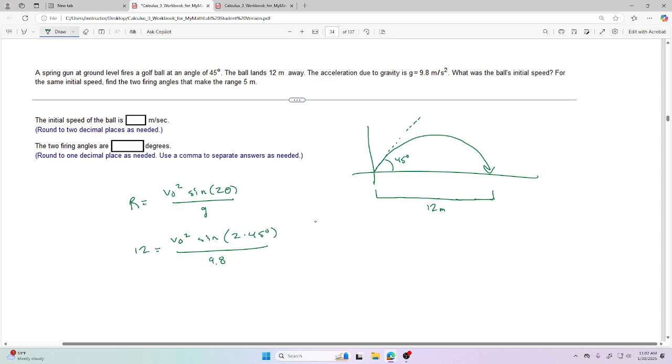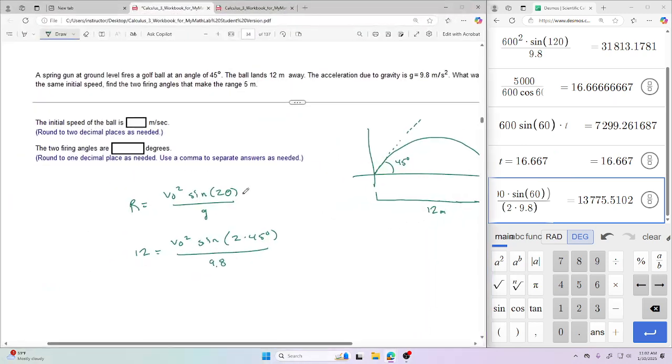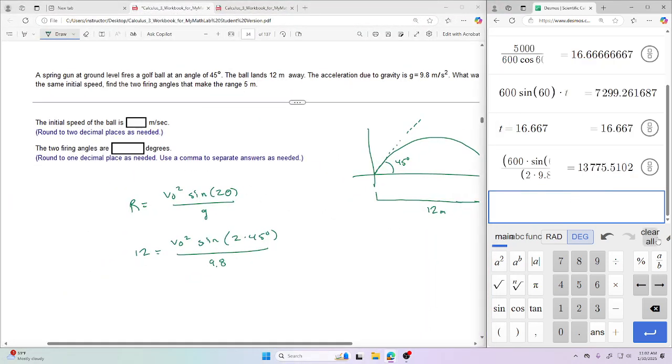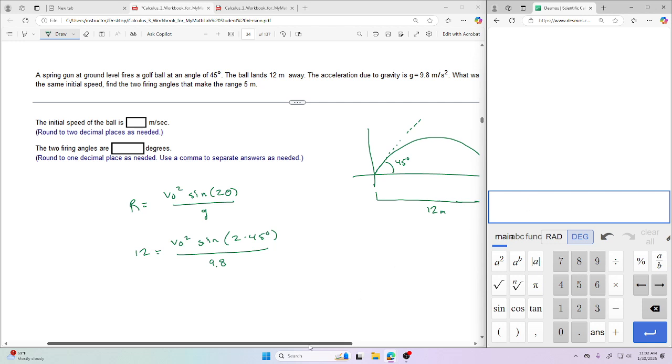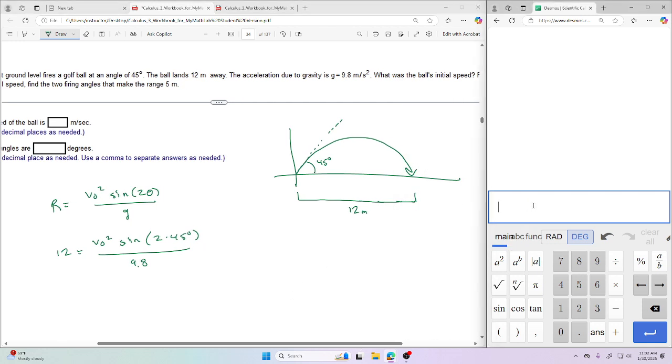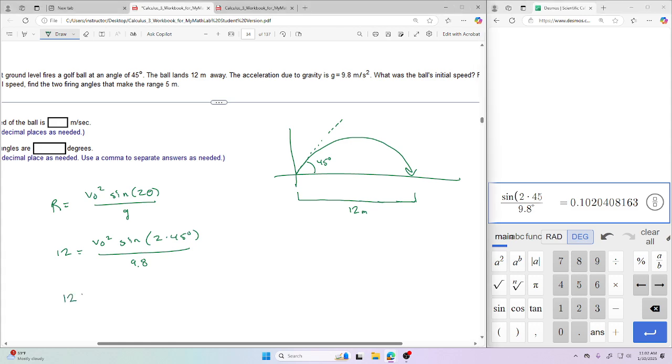And basically all of this turns into a big number, right? I'm going to clear. Rearrange? I'm playing with you, of course. So yeah, 12 is equal to V naught squared times, and basically it's this decimal.